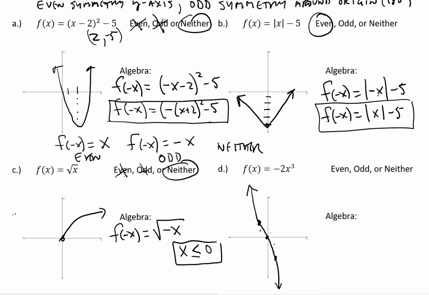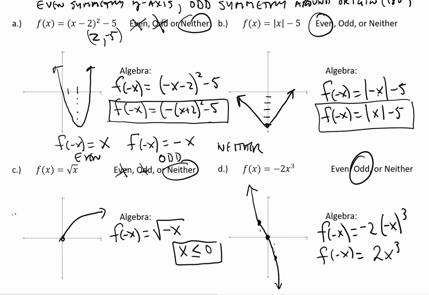If I go 180 degrees, it's symmetrical around the origin, so this is going to be odd. When I plug in negative x, I get negative 2 times negative x cubed, but realize, negative x cubed is just going to be negative, and so this is going to be positive 2x cubed.